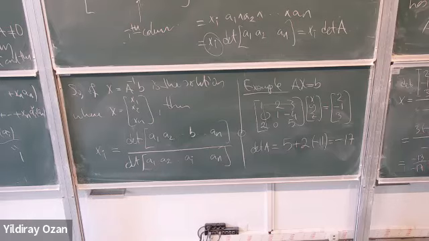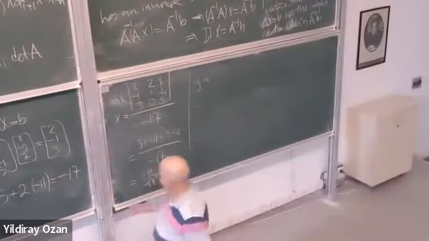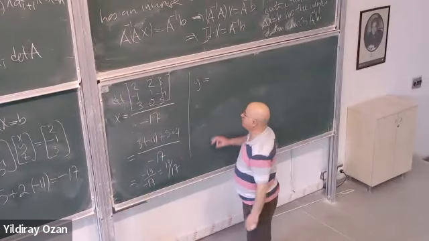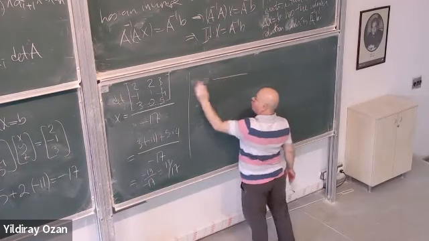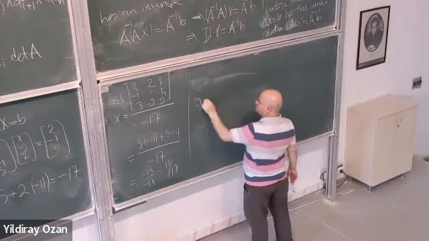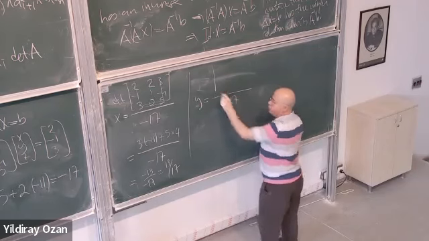So x is this. What about y? This is just determinant of, so here I have minus 17, and then determinant.